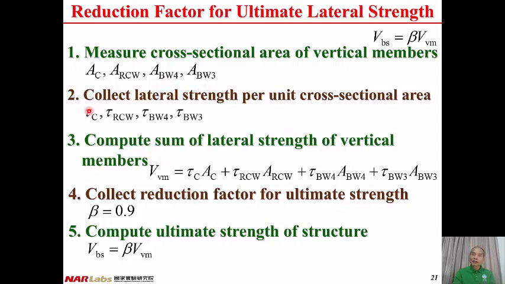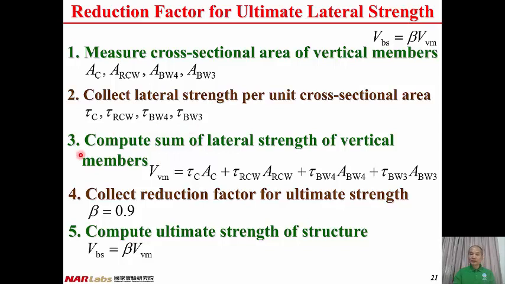Step 2, collect the lateral strength per unit cross-sectional area. That means that before arriving at the school building, we have to gather the information about the lateral strength per unit cross-sectional area, including column, reinforced concrete wall, four-side bounded brick wall, three-side bounded brick wall.